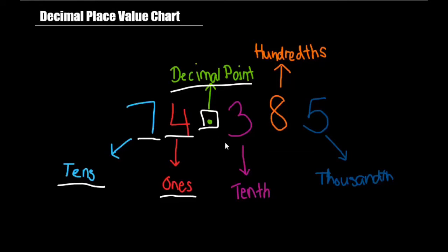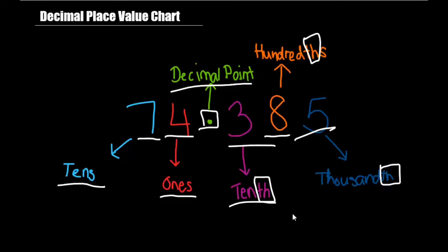The 3 represents the tenths place with a TH. The 8 represents the hundredths place, again with a TH. And the 5, lastly, represents the thousandths place, again with a TH.